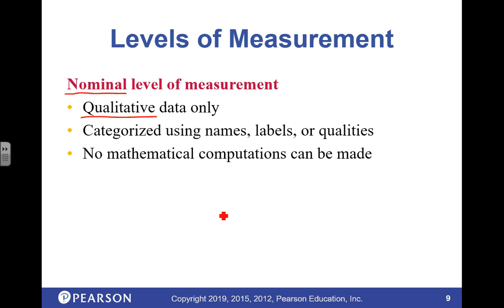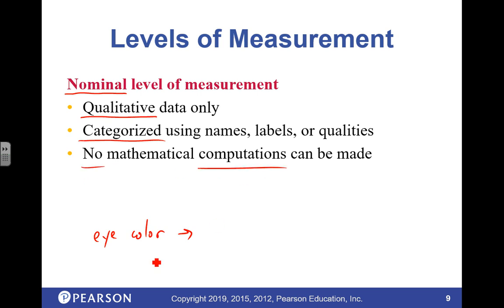It's going to be for non-numeric things typically. Sometimes you will see a number as a reference, but usually that number references a particular category. So the example earlier of hair or eye color was an example of a nominal level of measurement.